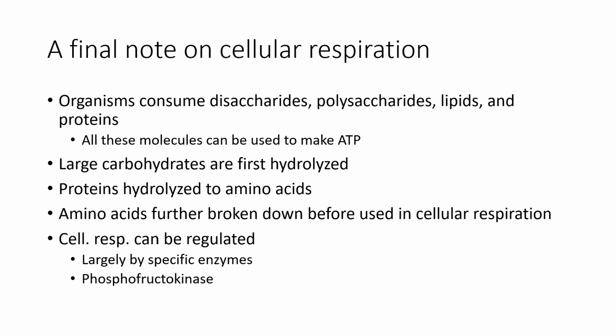It essentially allows the cells to sense how much ATP is present. If there's a lot of ATP, phosphofructokinase slows the rate of cellular respiration down. If there's not very much ATP sensed, it speeds that rate up. If you're doing a lot of physical activity, you need more ATP. If you're doing less activity, you need less ATP. And so organisms are able to adapt to that.